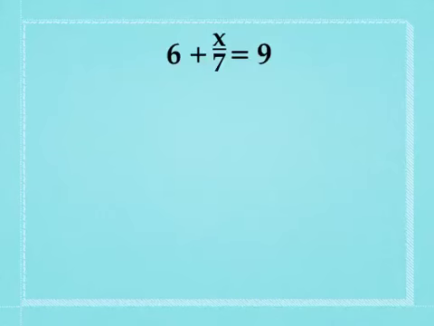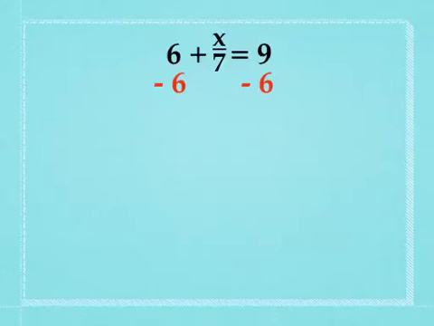The last example, we have 6 plus x divided by 7 equals 9. What's being added or subtracted to my variable x is the 6 in the front, and it is positive. The opposite of adding a positive 6 is subtracting 6 from both sides because I need to keep my equation equal on both sides.